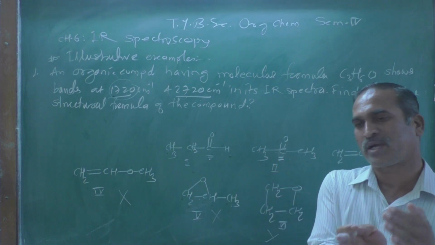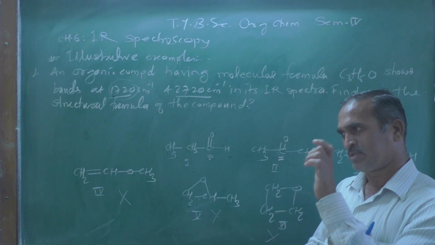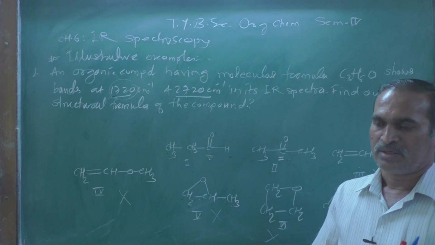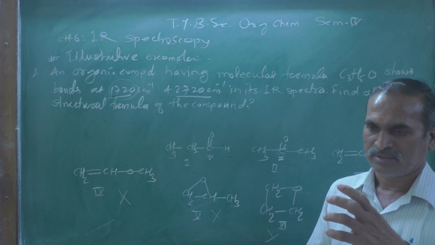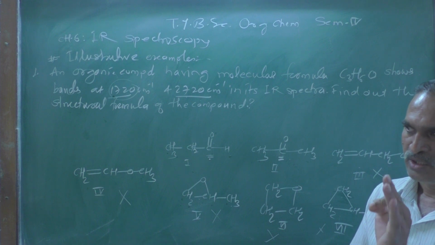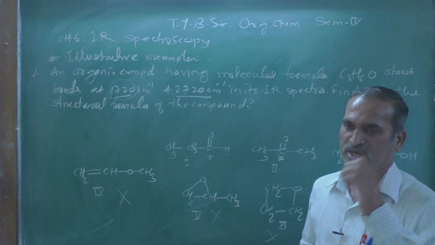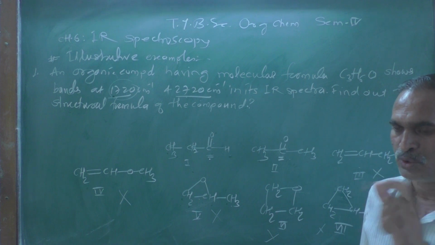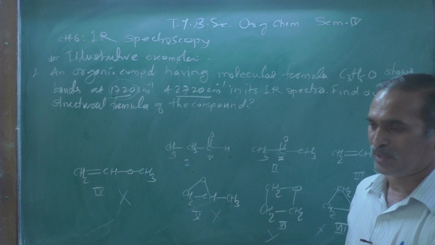Again go back to the characteristics table, observe there carefully, and while observing you will find there the band in between 2720 to 2900 per centimeter. This is the band due to the aldehydic CH stretching frequency.